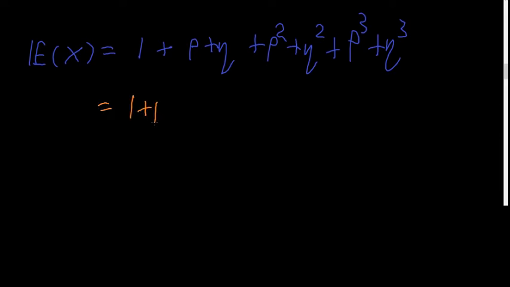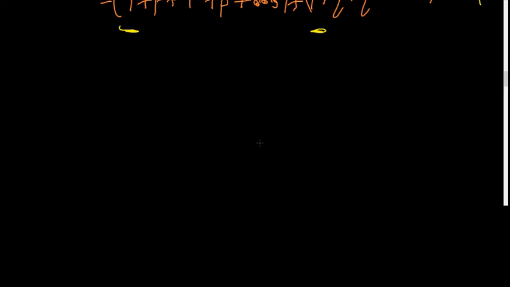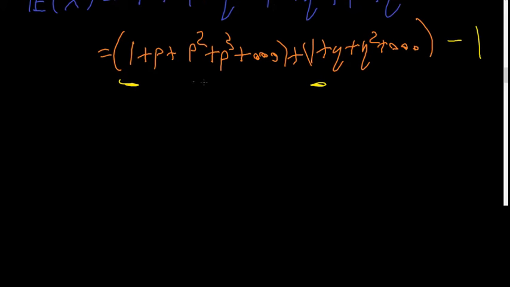1 plus p squared plus p cubed and so on, that's the first infinite series. Then I have another infinite series, 1 plus q squared and so on. And wait, look what I did there: I added an extra 1, so there's only 1 in that line. Now I've added 2, so I actually need to take 1 away. You should be pretty comfortable knowing what this is.